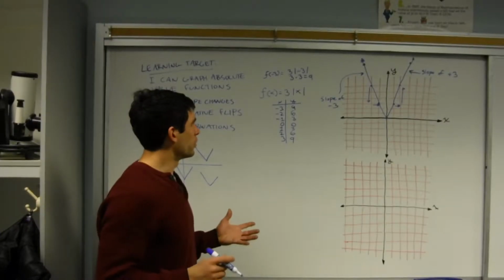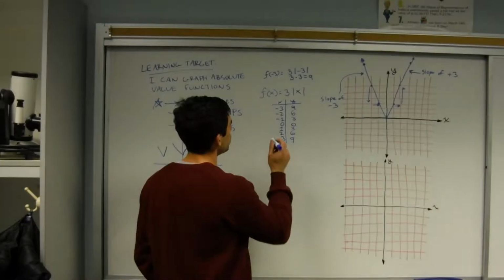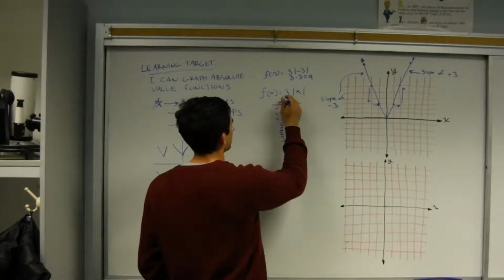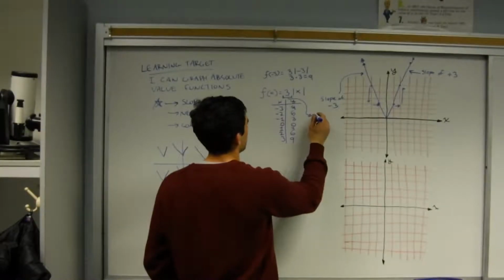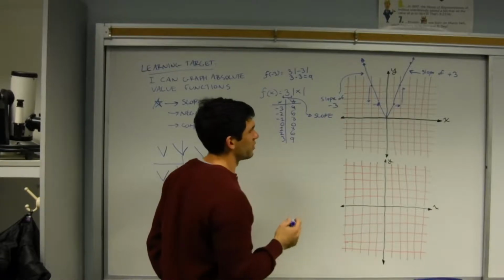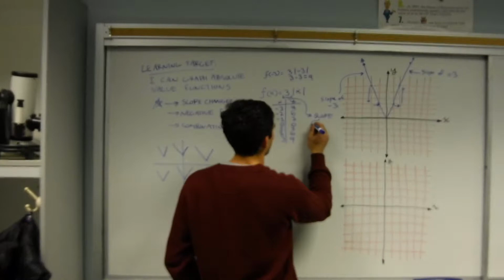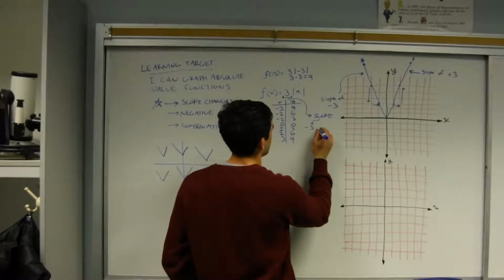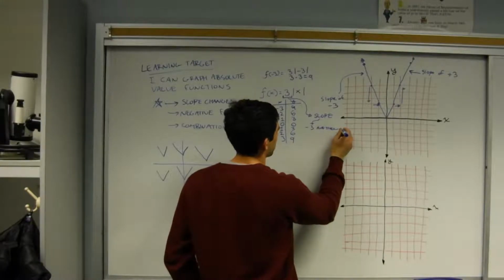So what we realize is that for slope changes, the coefficient, this number in front of the absolute value function, represents the slope. And since we're looking at absolute value functions that go down and then up, the slope is -3 and then positive 3.